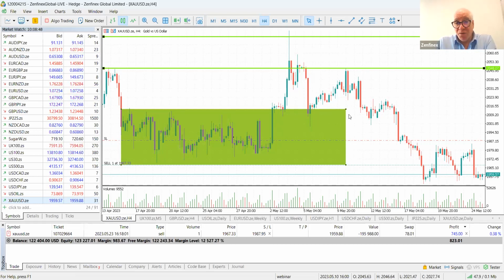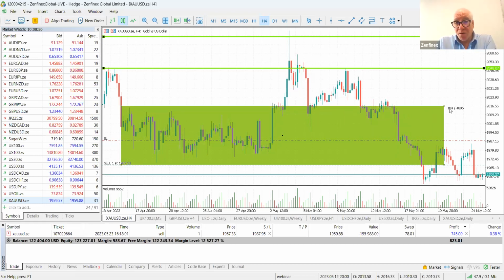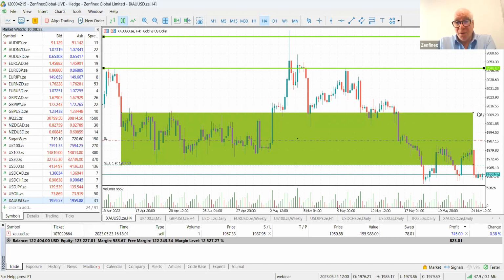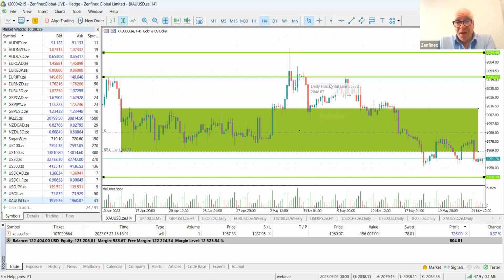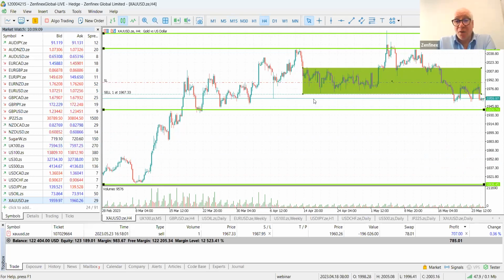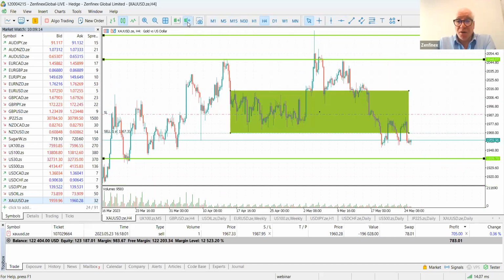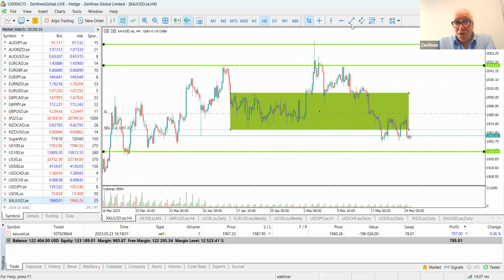And if I continue this level here, just try to make it a little bit more accurate, it kept bouncing, but every time it bounced off this consolidation level, it couldn't get higher than the previous. And that's when we started developing the idea of a channel going downwards. So let's see if I can redraw this channel.